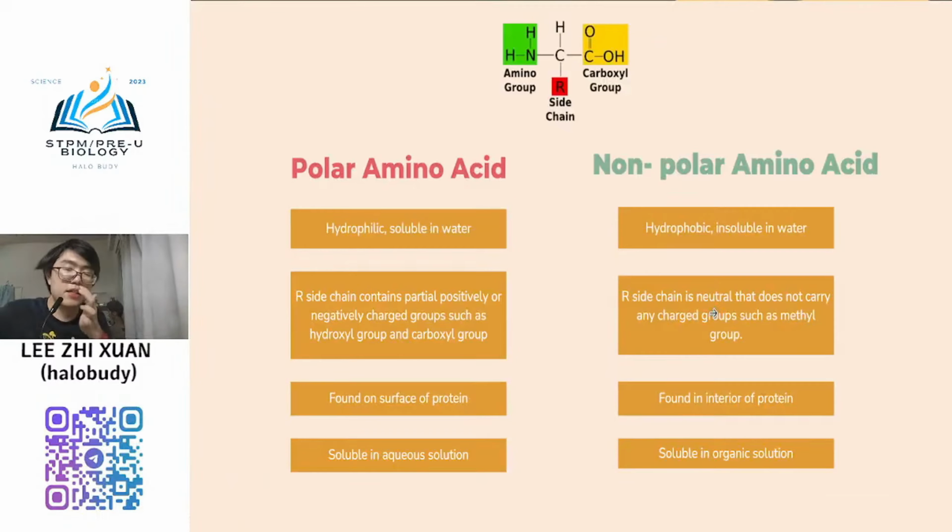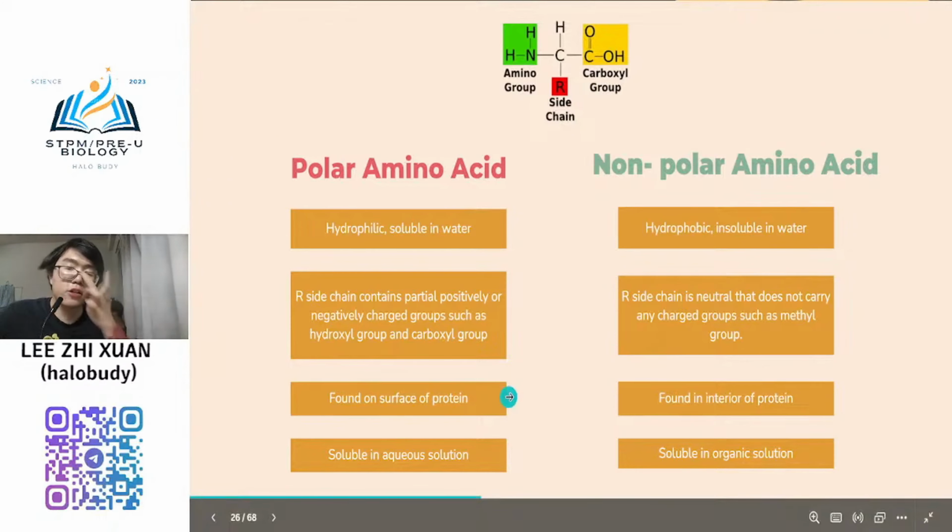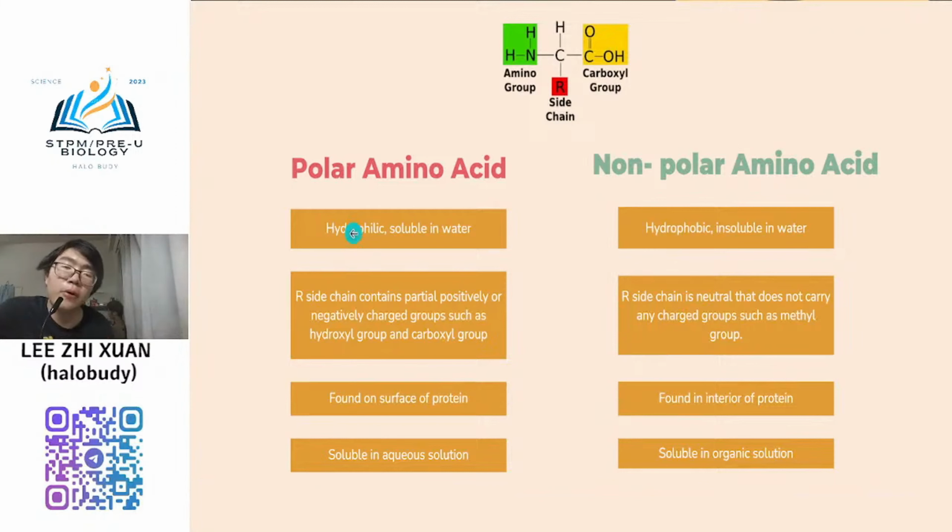And then this one is the difference between polar and non-polar amino acids. Normally polar amino acids are hydrophilic, they can dissolve in water, but non-polar amino acids cannot dissolve in water. Right, polar can dissolve, non-polar cannot. This is a general concept.